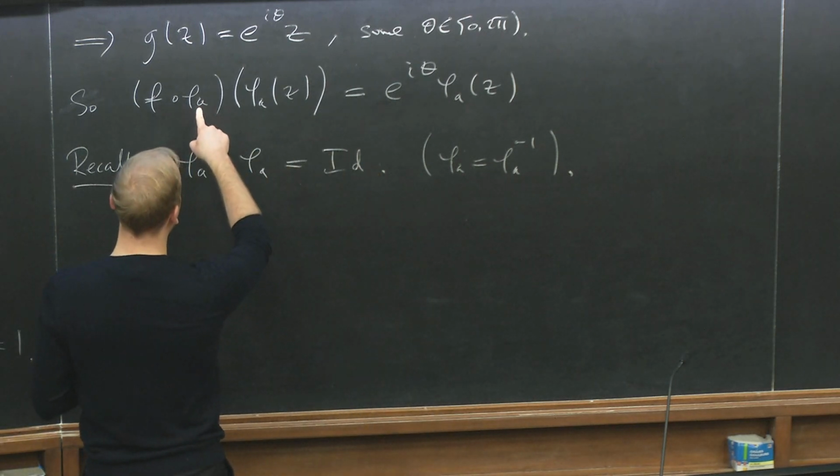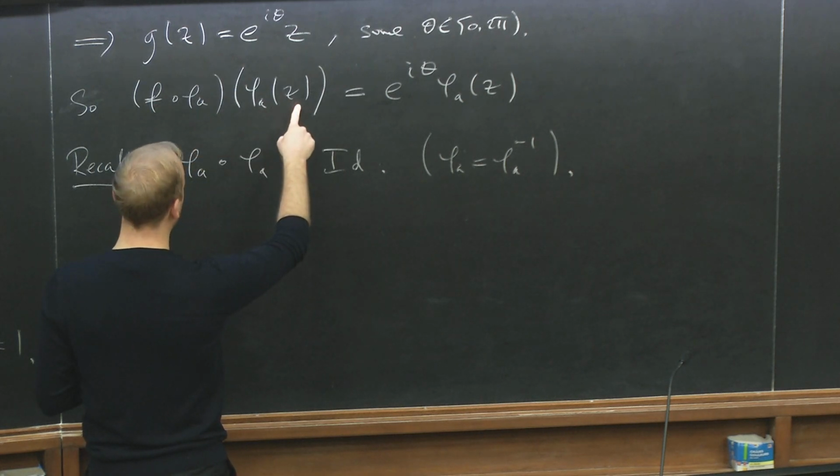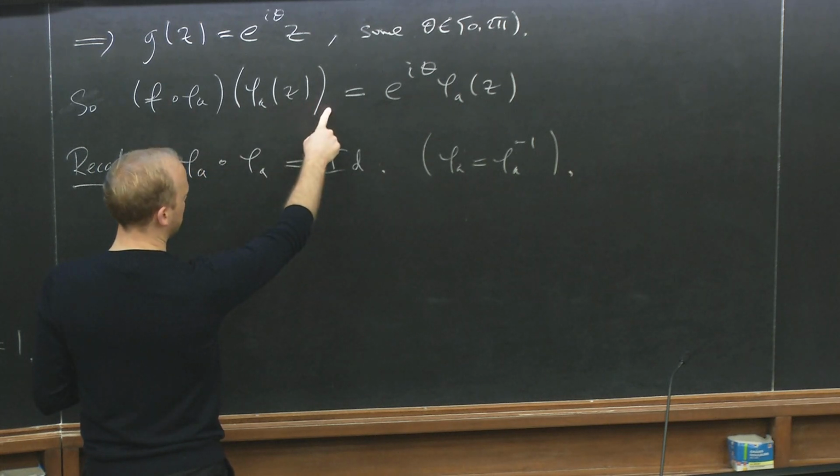And using this, we see that we have f composed with phi a, composed again with phi a, and evaluated in z. So this thing here is just f of z.